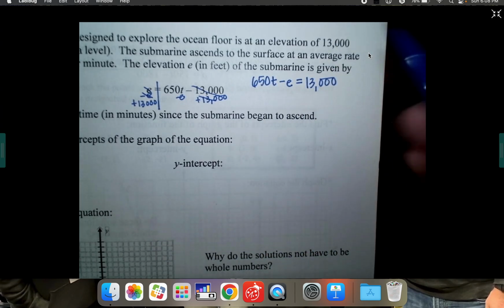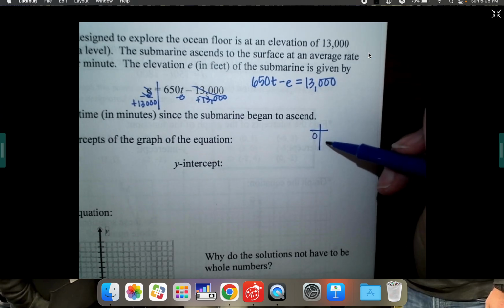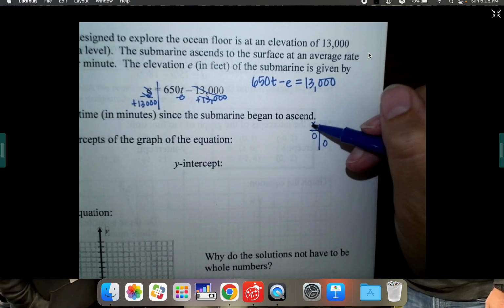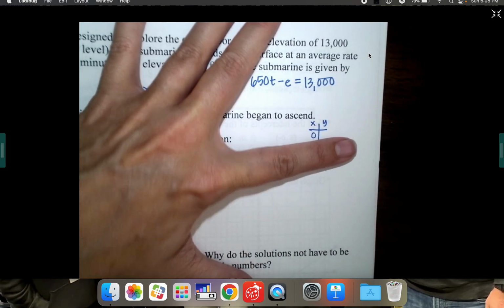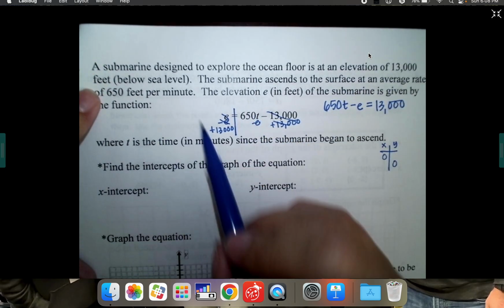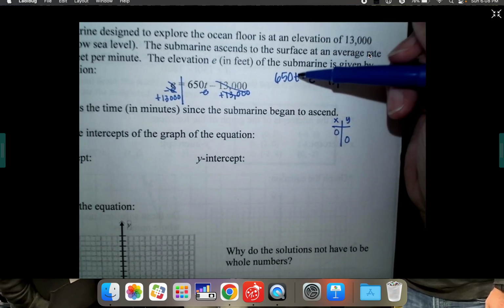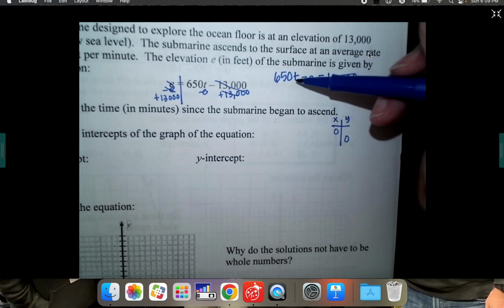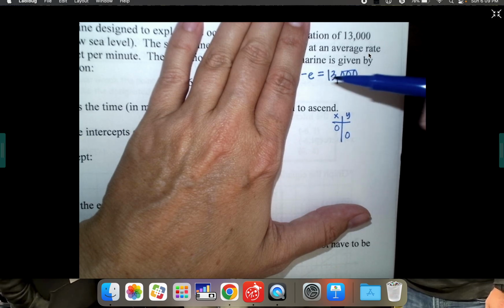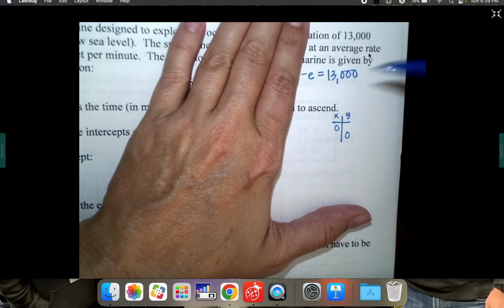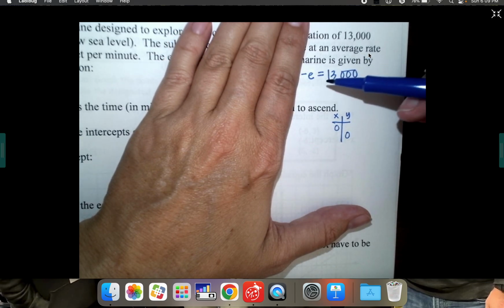So remember, when we find the intercepts, we make x 0 to begin with. We're going to make x 0 and see what y would be. So if we make x 0, this is going to be like our x. So if this is 0, we cover the whole thing up. We're left with negative e equals 13,000. So negative what equals positive 13,000? The only way to make a negative number positive is by multiplying by another negative.